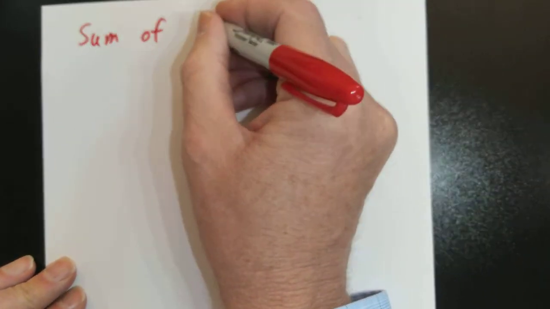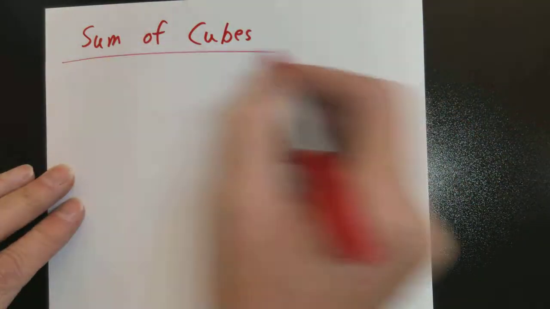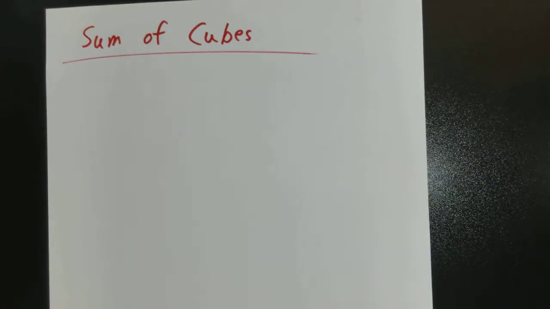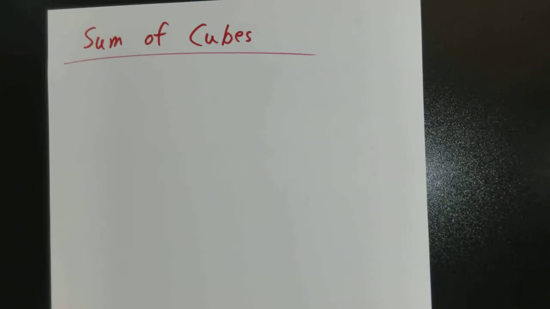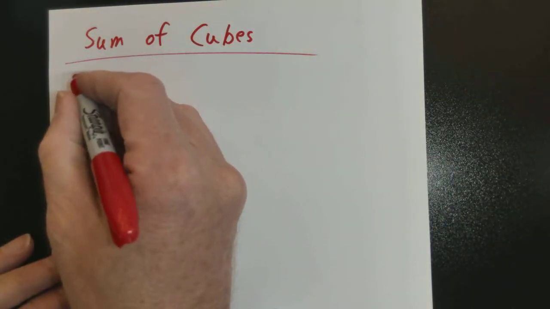And the pattern is very similar. In fact, we could use one to get the other. If I were to just change this to a minus a negative, that's the same as the sum, and I could get it from the other, but we're just going to go this route.